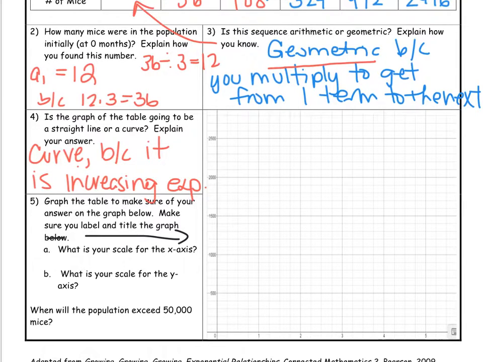Our x-axis is our independent variable, and that is measuring the months. Our y-axis is the dependent variable, and that is the number of mice. Sorry, we were on lizards before, but we are on mice now. And we can title this the mice problem.